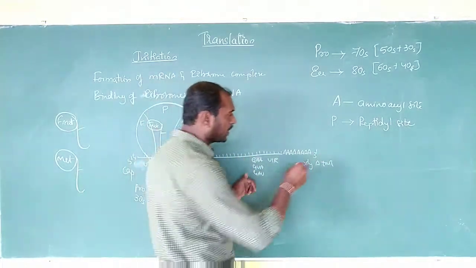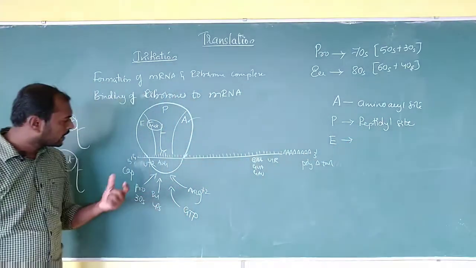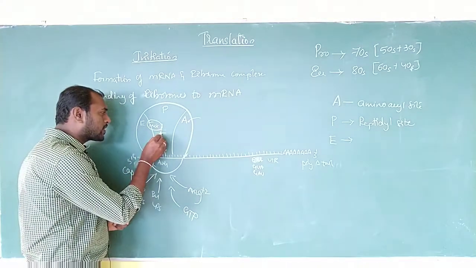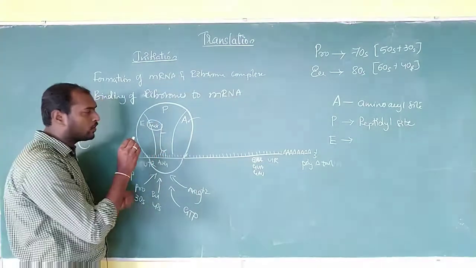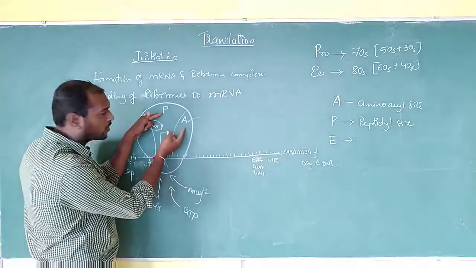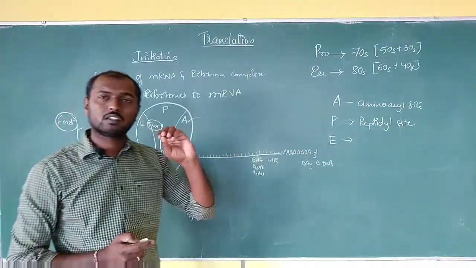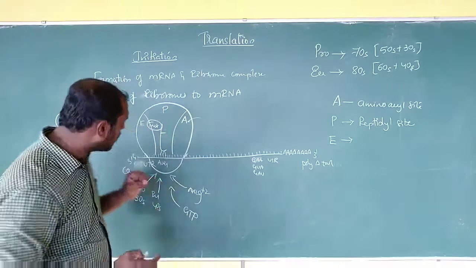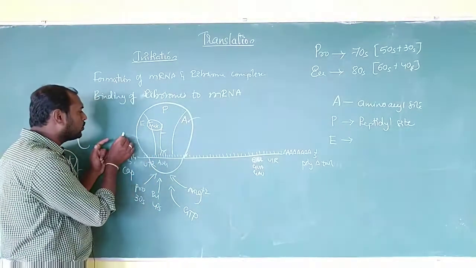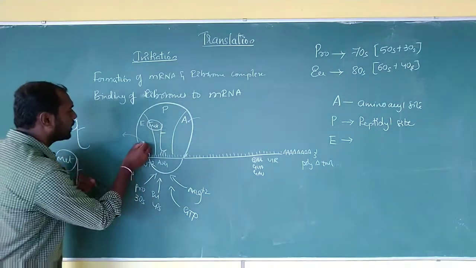After this we get site E. What is site E? When the P site tRNA forms a bond with the A site amino acid, it loses its amino acid. So now this tRNA is going to reach the site E and exit out of the ribosome.